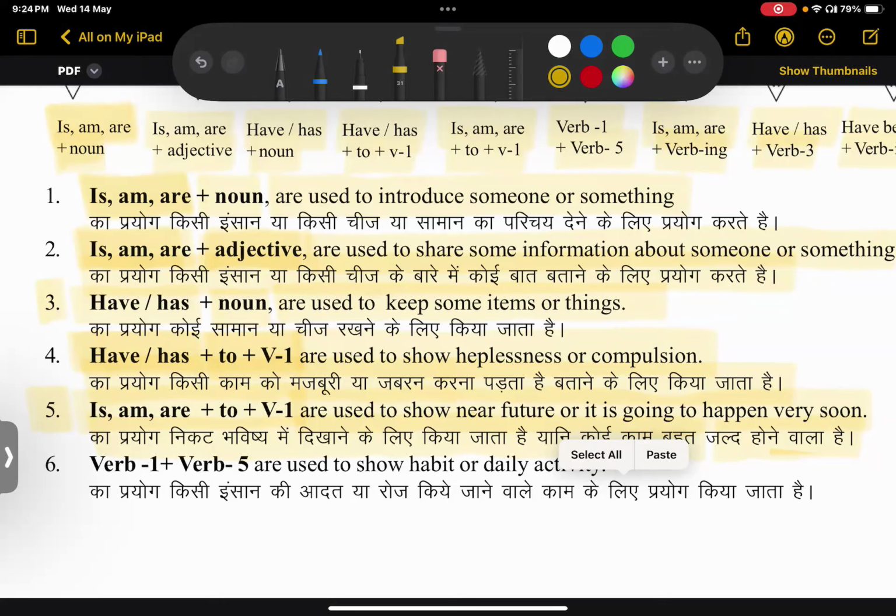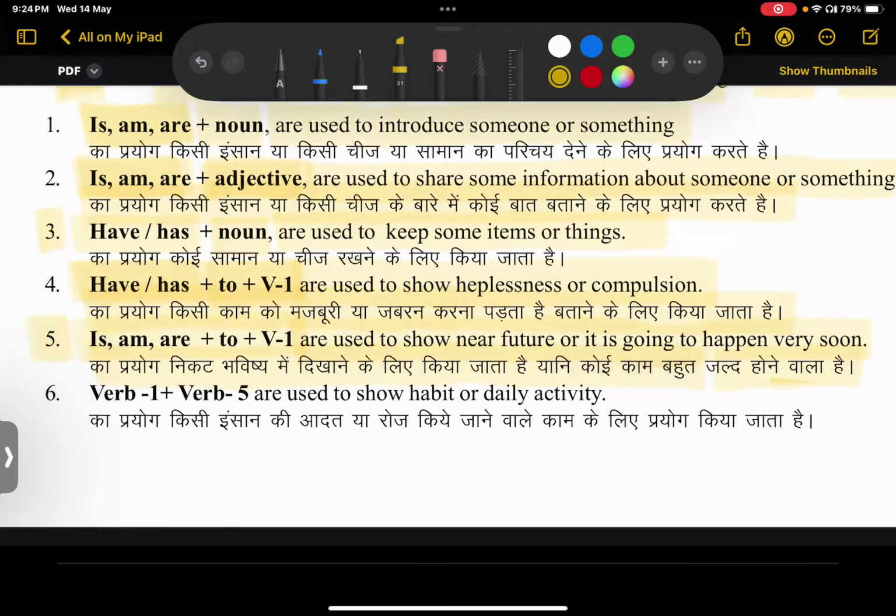He is about to die. It means in the near future, within some hours, within some days, he will surely die. So I hope you're going to understand when to use is/am/are plus to plus verb in first form.